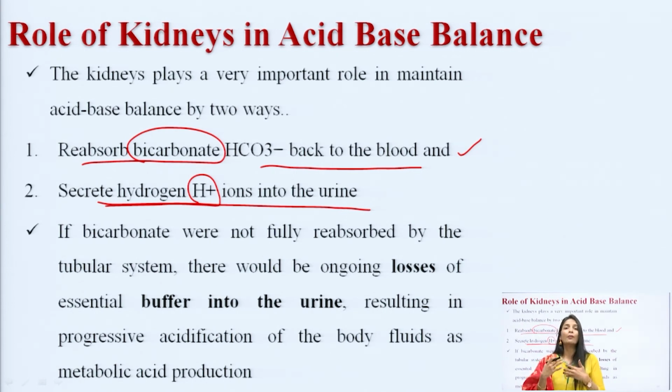If more bicarbonates are reabsorbed and more bicarbonate is present inside the blood, it can cause alkalosis. Acidosis is due to elimination of bicarbonates through the urine, or you can say because of more acid in the blood. So acidosis and alkalosis are due to an imbalance of the acid-base, okay.